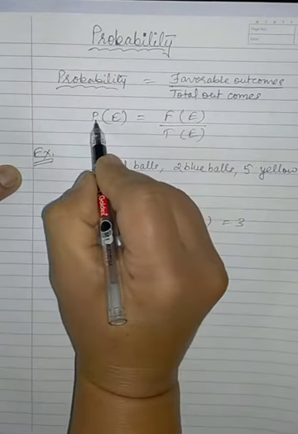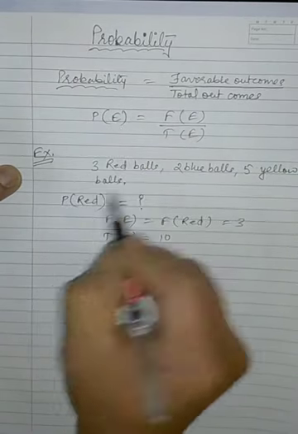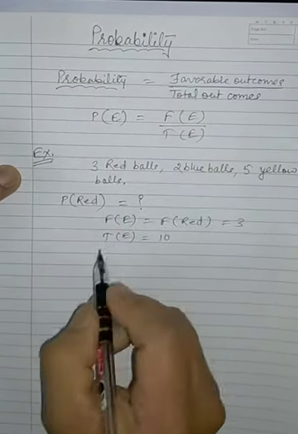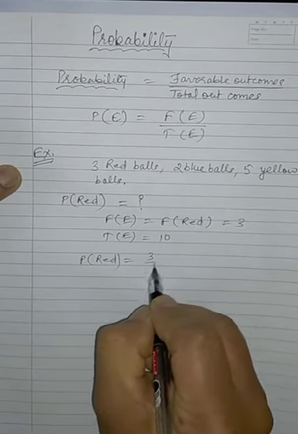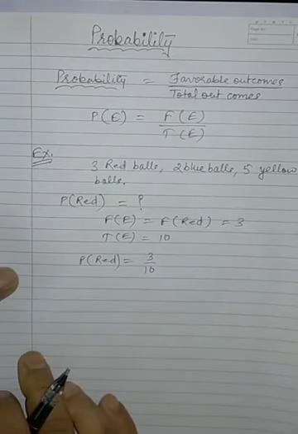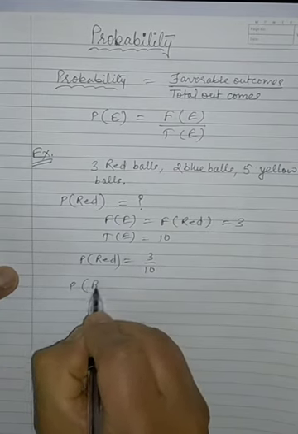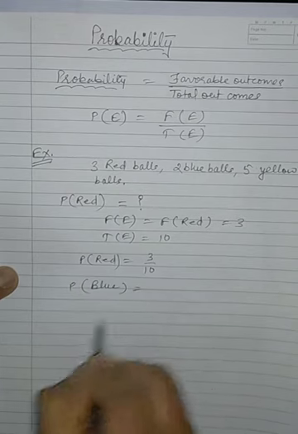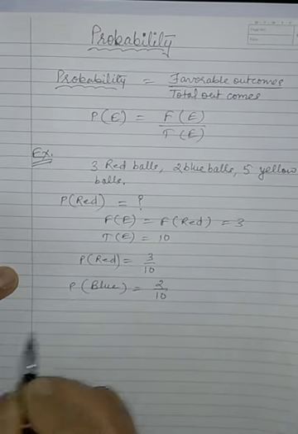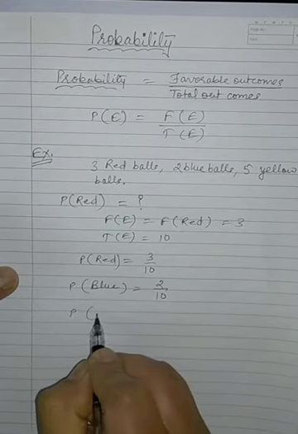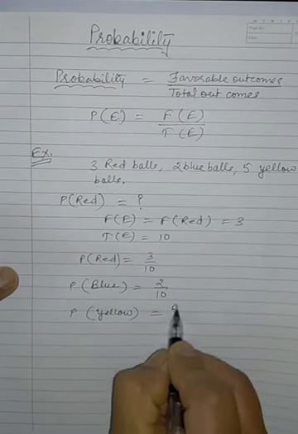That means if we use the formula, probability of the event of a red ball coming out is equal to favorable outcomes upon total outcomes. The probability of red will be equal to 3 upon 10. Similarly, probability of a blue ball will be equal to 2 upon 10, and probability of yellow will be equal to 5 upon 10.